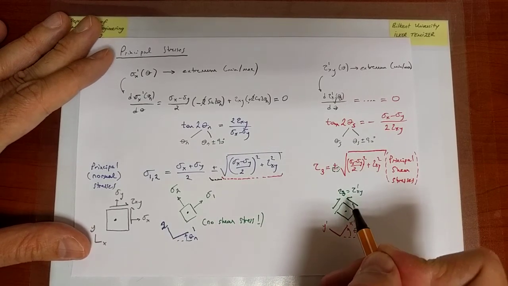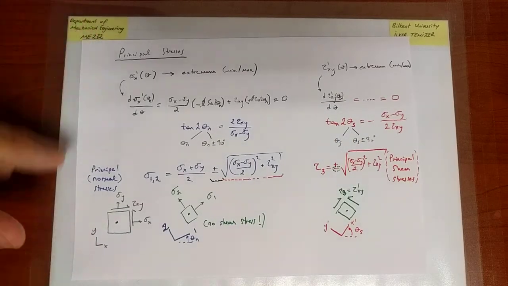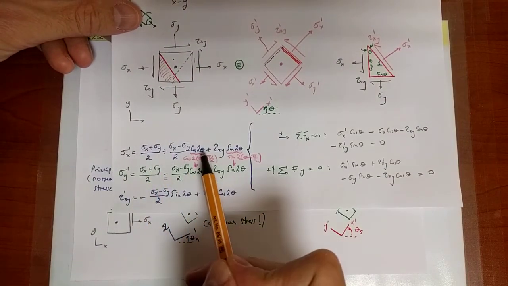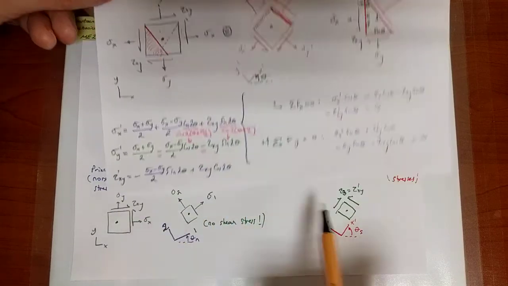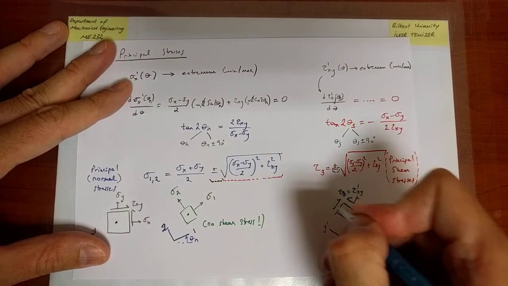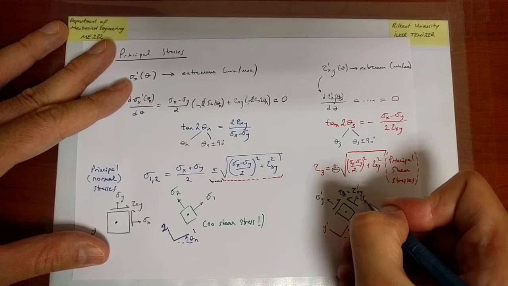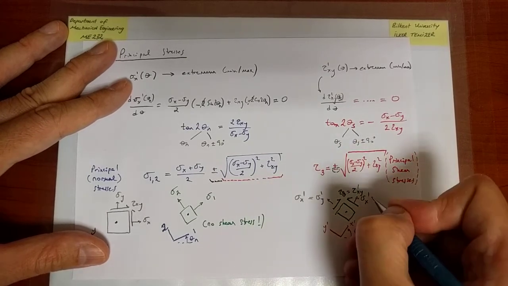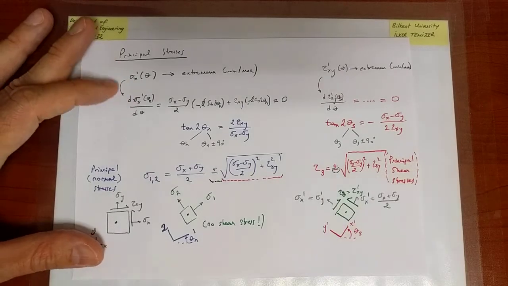Well, here, what you can do is take that theta s, tangent 2 theta s relation, and again go back to the expression that we had earlier, look at the normal stresses, plug in that special relation in here, and what you will find is that on these planes, the normal stresses sigma y prime and sigma x prime are actually equal to each other, and both of them are equal to sigma x plus sigma y over 2.